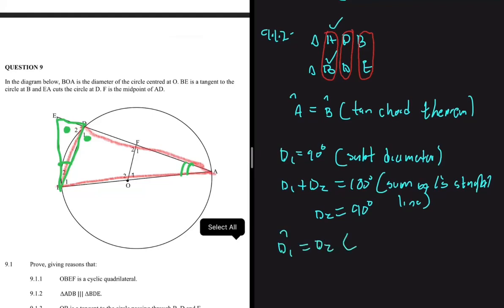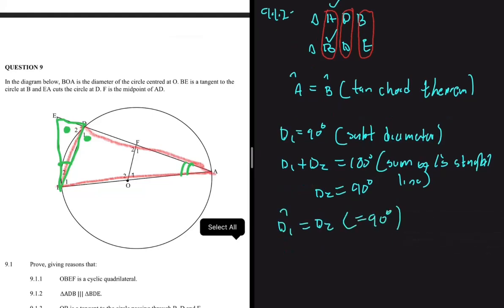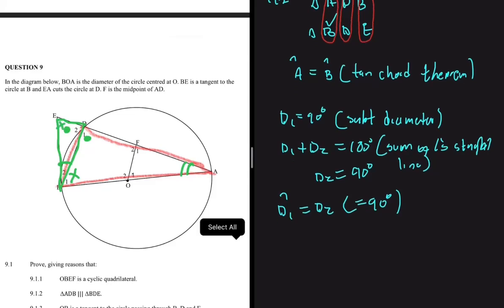They're all equal to 90 degrees. It becomes easy to see now that this angle here, B1, should be equal to the angle E, because they are the only remaining angles. So now we can see that B1 is equal to angle E. You don't have to say this, but I'm just assuming that we might need to use it when we solve other problems. Let's move ahead.